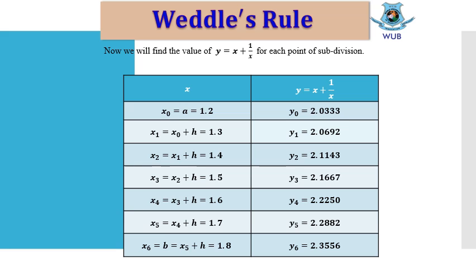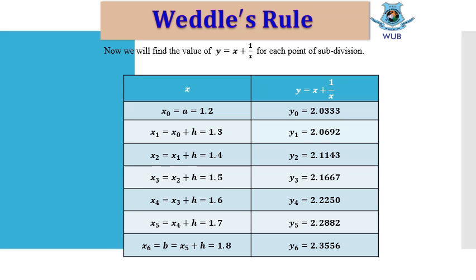Now, simply calculate the function's values. Initially, when x0 equals 1.2, the corresponding y0 equals 2.0333.